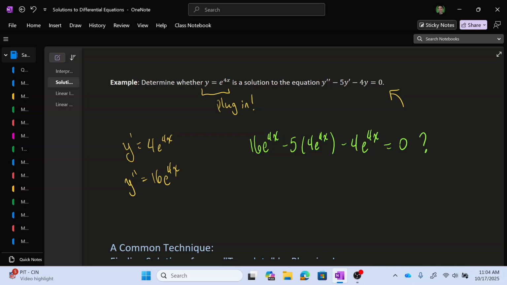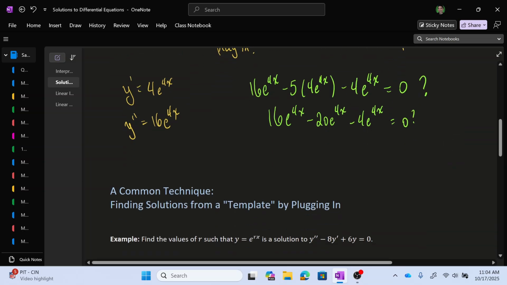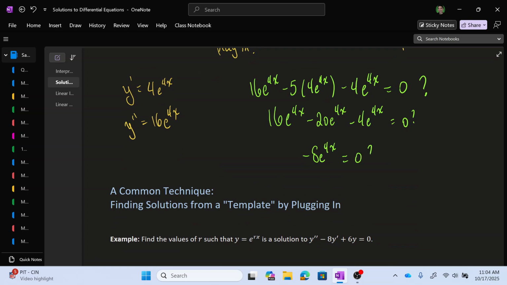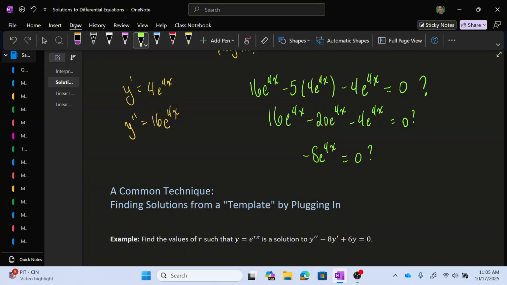Now let's clean up what we've got on the left-hand side. I've got 16 e to the 4x minus 20 e to the 4x minus 4 e to the 4x. And if I combine those like terms, I get on the left-hand side negative 8 e to the 4x. Is that the same thing as 0? No, it is not. On the left-hand side, it's an exponential function, and that's definitely not the same thing as the 0 function on the right side.